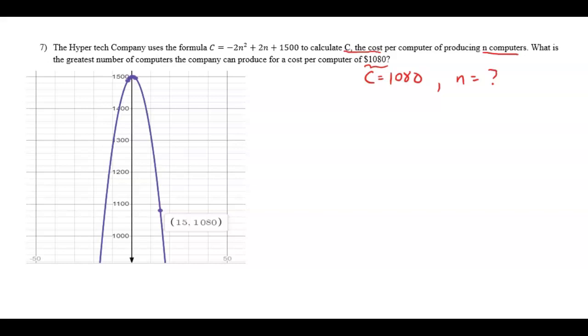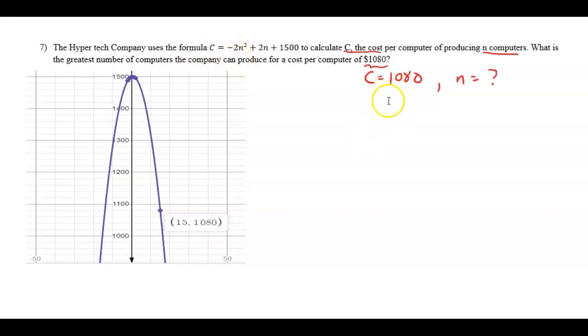So again, before I made the video, I went on Desmos and graphed this function right here. That's my function. I graphed it on Desmos and I got that. So now what I did next is find the y value. Remember, this right here is the y value. To know the cost, I need to know the number of computers produced. So the y value is the C, and the x value is the n.